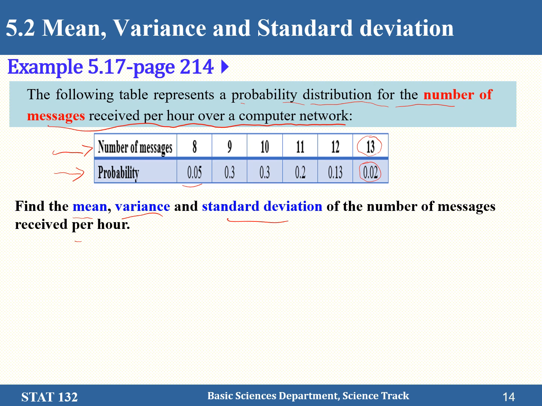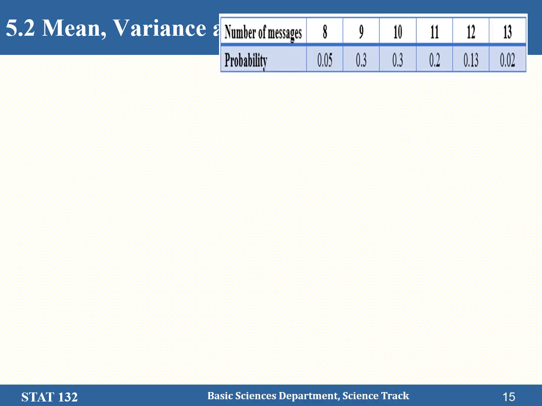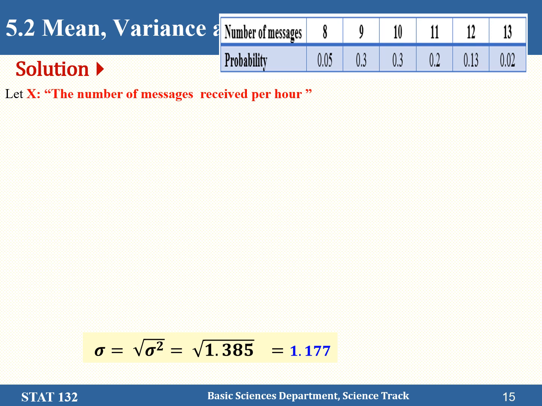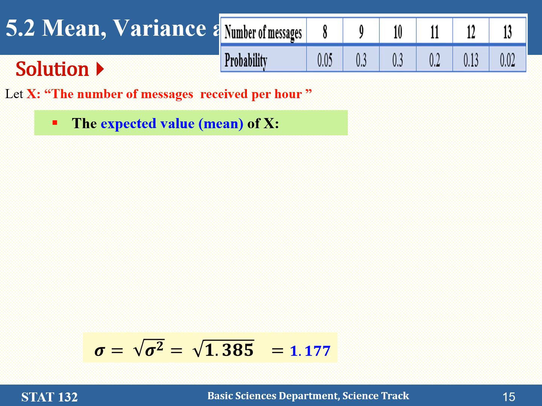Now we have the probabilities here, and we have the values of x, the random variable. We can use the formulas here. Now we'll find the expected value of X. Here I put the table here so that we can follow the numbers.